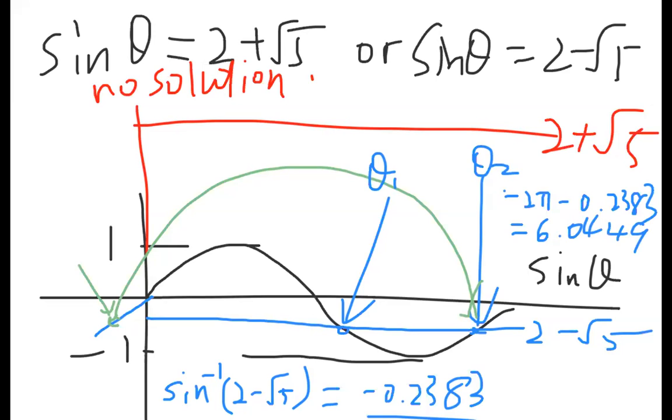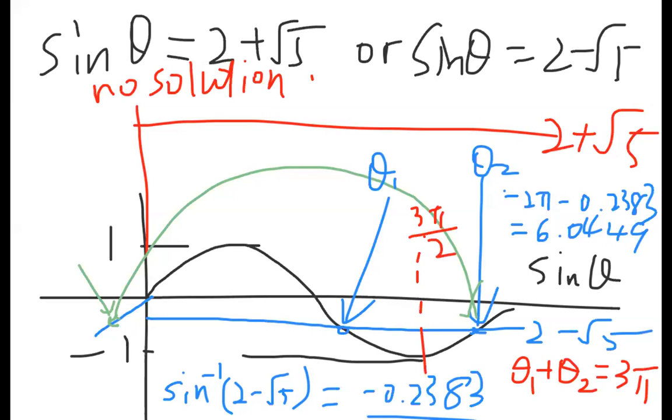And after we get theta 2, we can get theta 1 because these two angles are symmetric along 3 pi over 2. That means theta 1 plus theta 2 has to equal 3 pi.